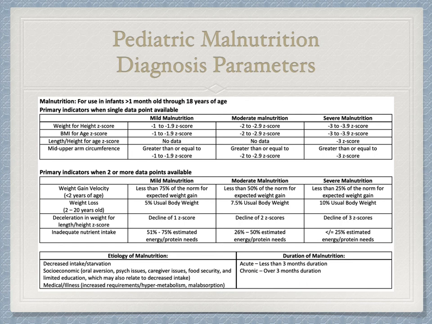As far as weight loss, you can see that to classify mild malnutrition, it's 5% usual body weight, moderate 7.5%, and severe is 10.5%.